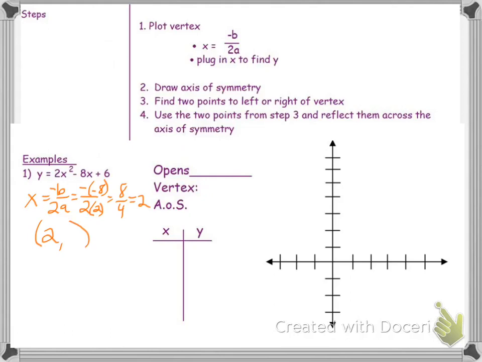And then I'm going to have to find my y value of the vertex. Well, to find my y value of the vertex, I'm going to plug in my x value. So I have 2 times 2 squared minus 8 times 2 plus 6. So follow your order of operations. I first need to do my exponent, so that's going to be 4.